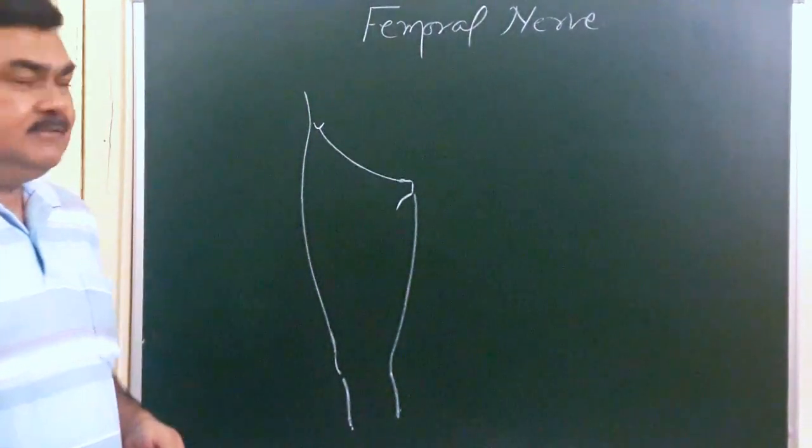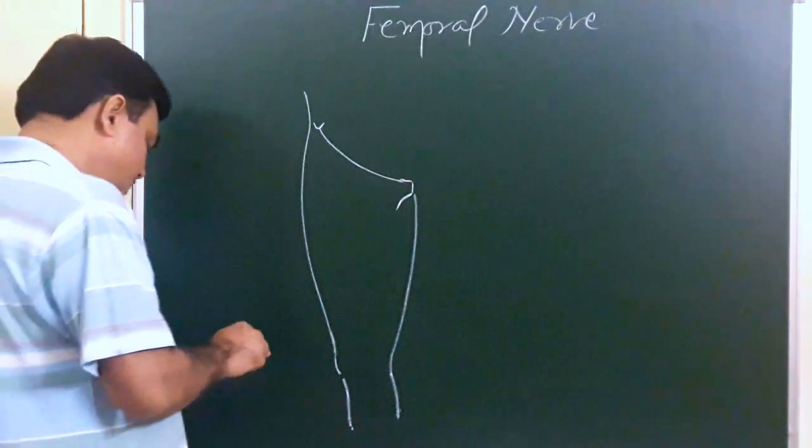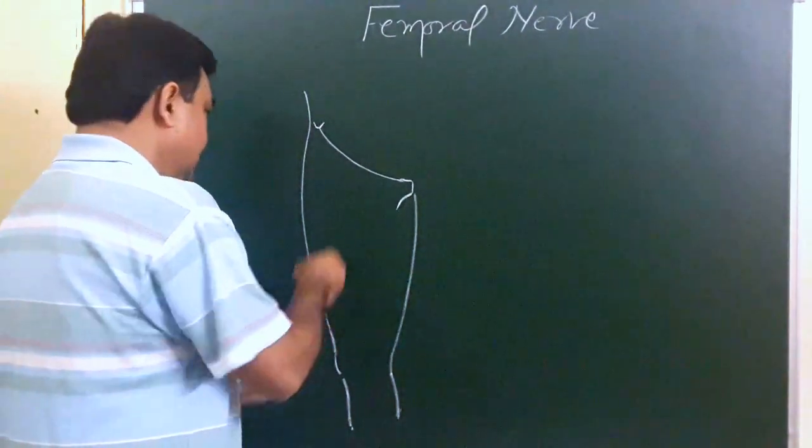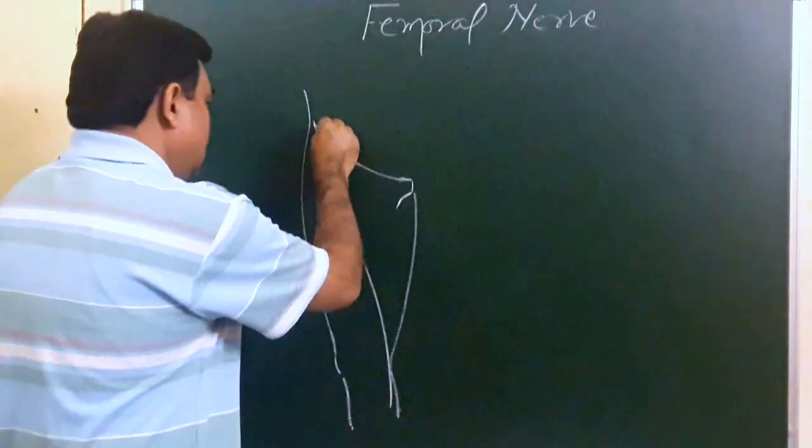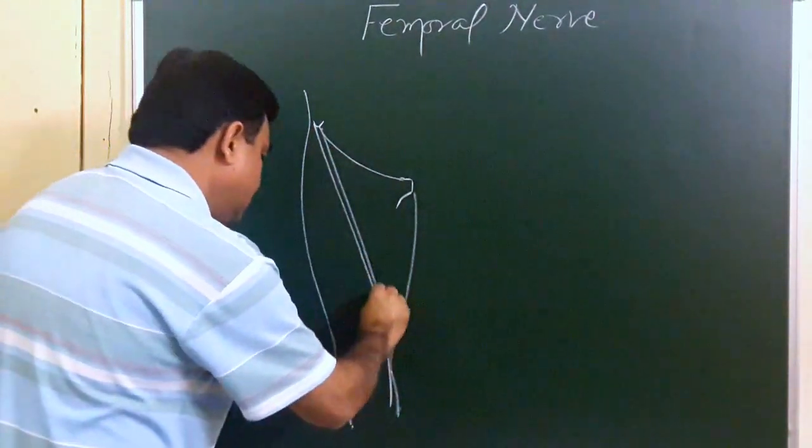This is the front of the thigh. Here is the sartorius muscle.